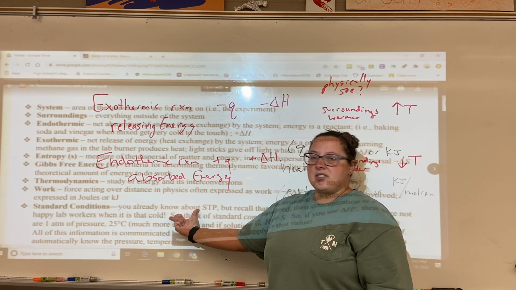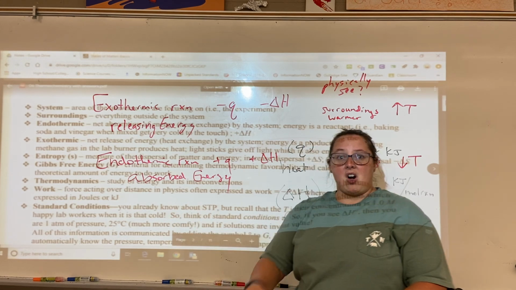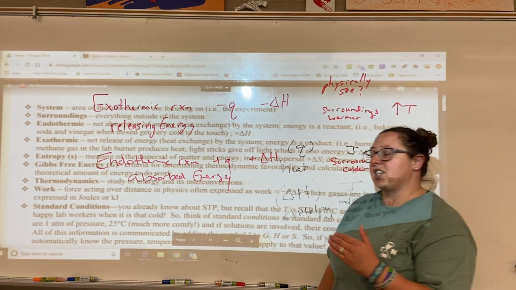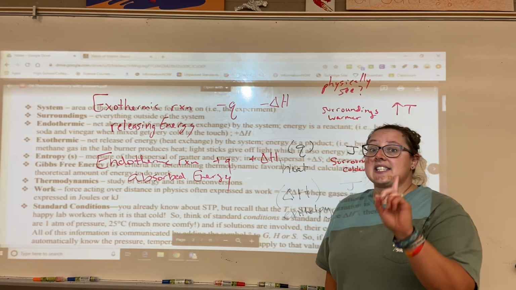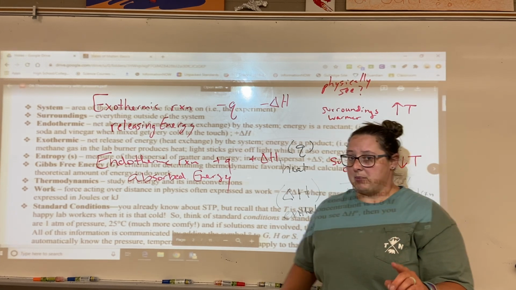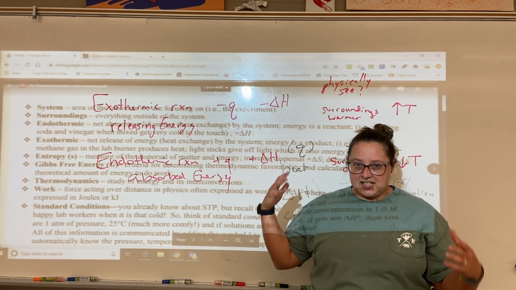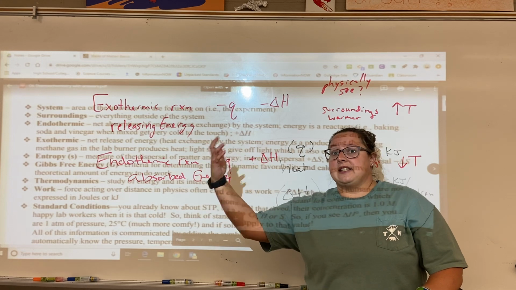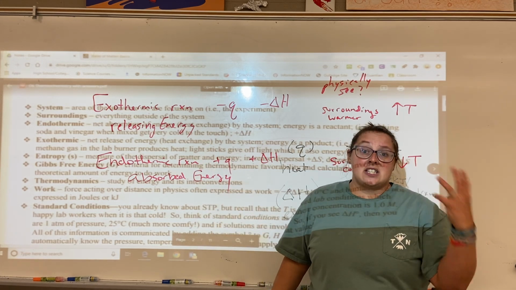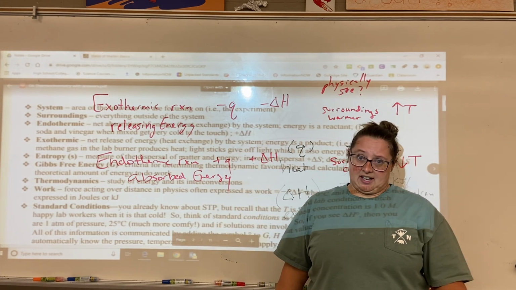Standard conditions, you see this pops up again. Remember our little knot symbol? Standard conditions means you have 25 degrees Celsius. It is not STP. Remember, I'm going to say this over and over again until you get it in your head. STP is 0 degrees Celsius. Standard conditions is 25 degrees Celsius.